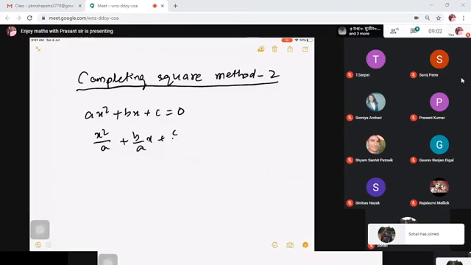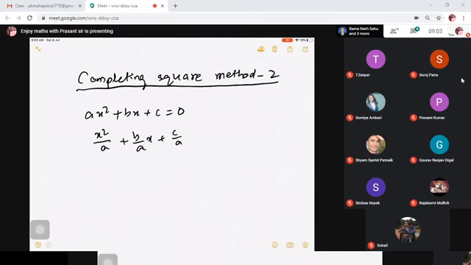Today, we shall learn another method in which we shall not go for division. We shall multiply the polynomial by 4a. This was the method 1 that we learned yesterday. Today we shall learn the second method.